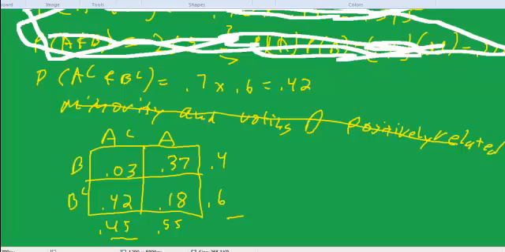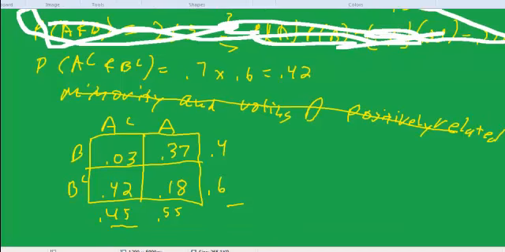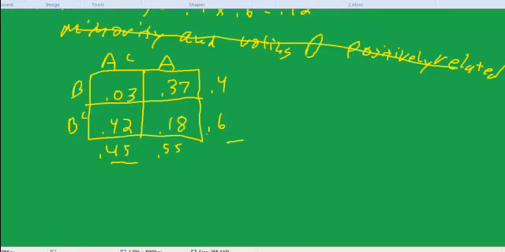So if we want to see whether A and B are positively related, or independent or negatively related, we need the test. Probability of A and B, does it equal probability of A times probability of B?